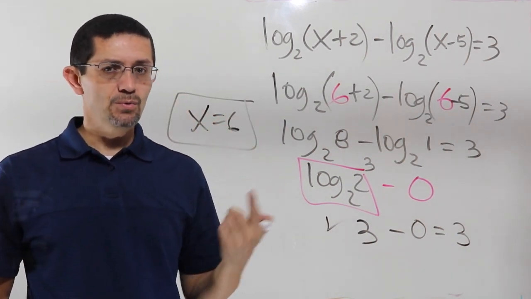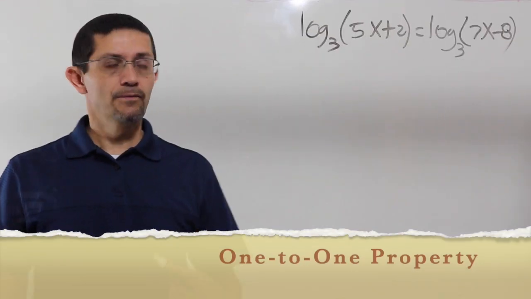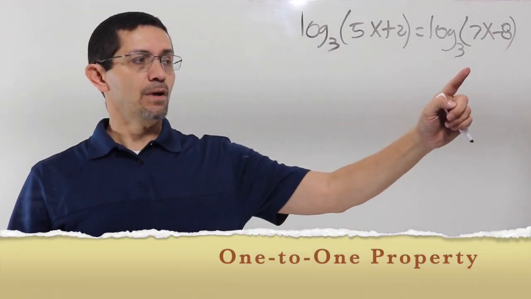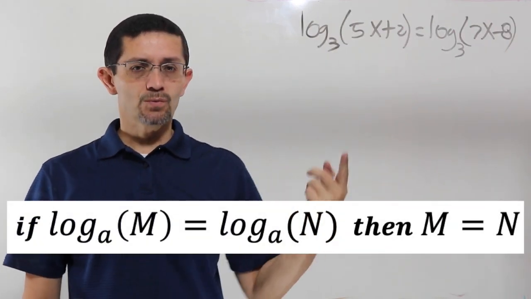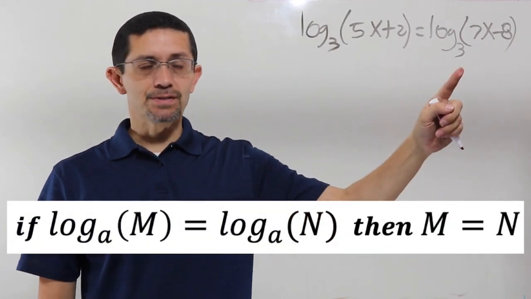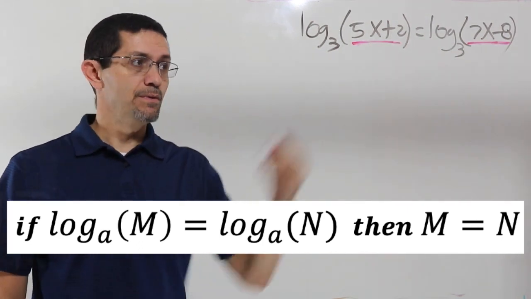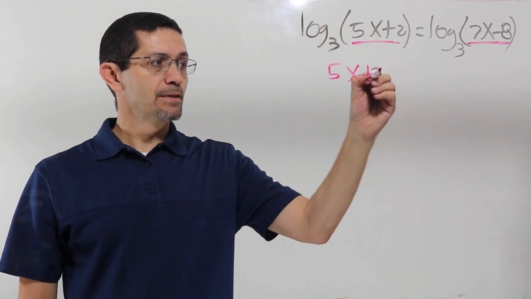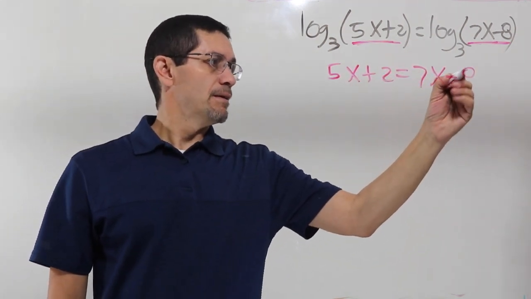Let's try doing a few of them with the one-to-one property. Now if you notice, I have logs on both sides of the equation and they have the same base. So the one-to-one property says that if the bases are the same, the arguments are equal. Therefore, 5x plus 2 becomes equal to 7x minus 8.